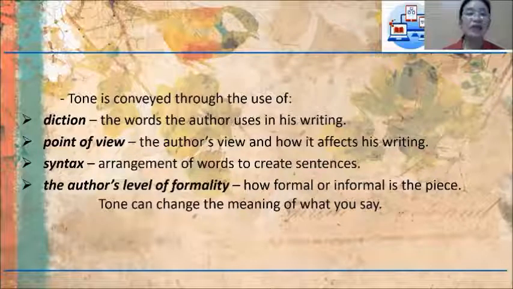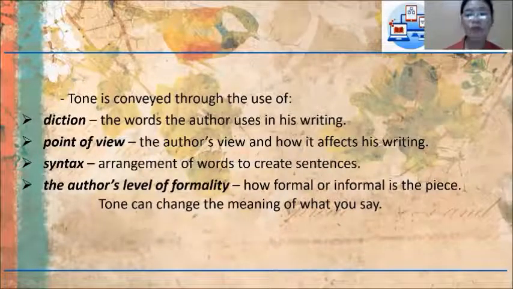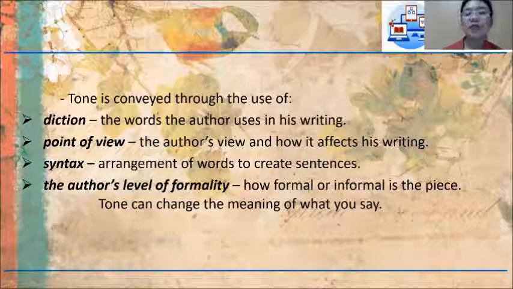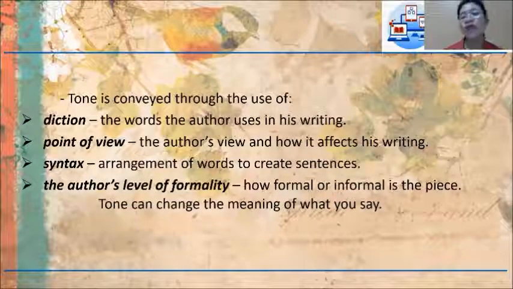Okay, and then we have also a point of view. Now, point of view is the author's view and how it affects his writing. And then we have also syntax. Syntax is the arrangement of words to create sentences.